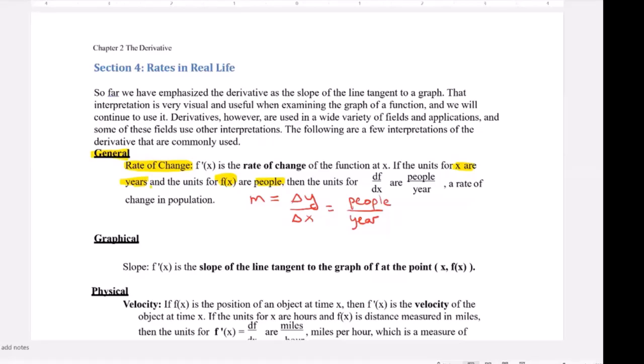And that would be the units on my rate of change. Okay. Now we have a graphical interpretation. Again, nothing new. We've been doing this since the beginning.